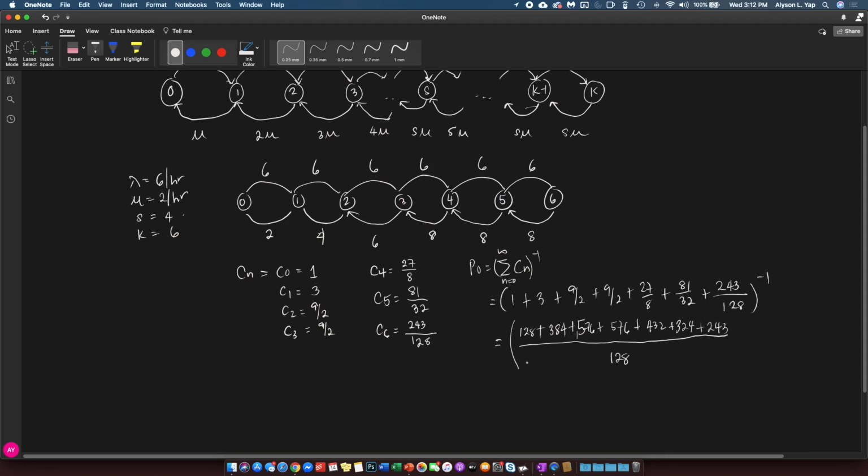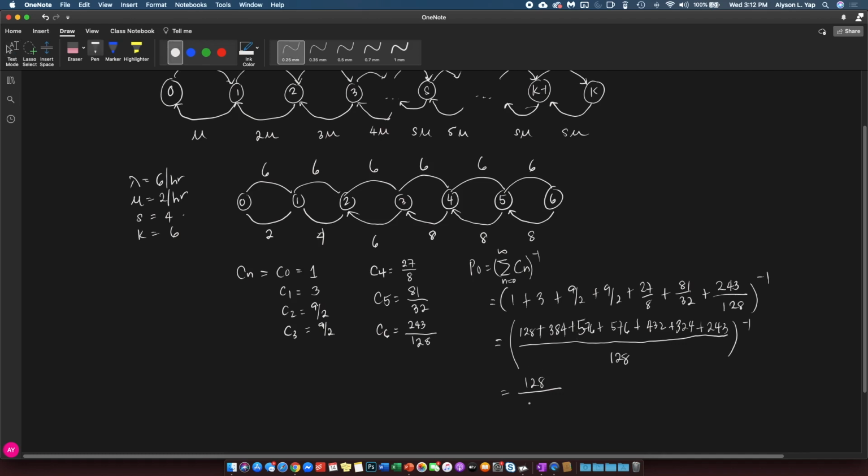And then we raise everything by -1. So this is equal to 128 all over. Let me just add. So 128 plus 384 plus 576 plus 576 plus 432 plus 324 plus 243.